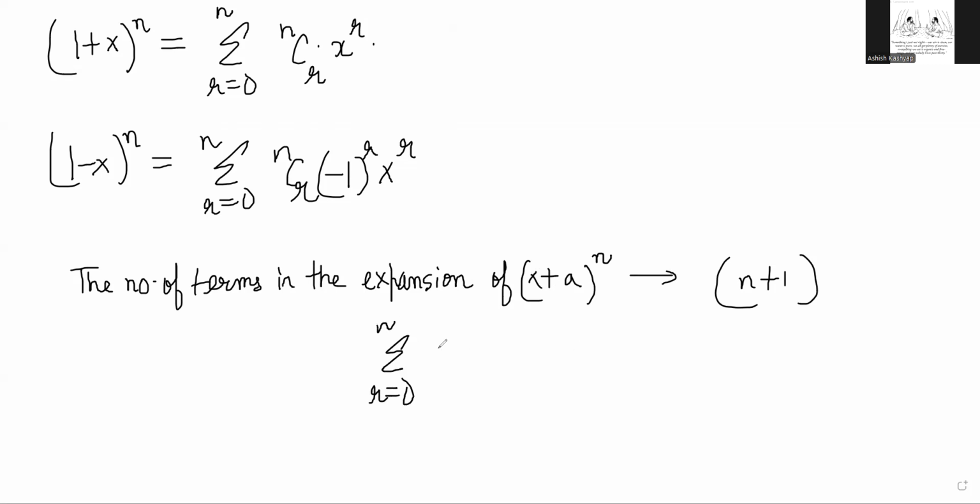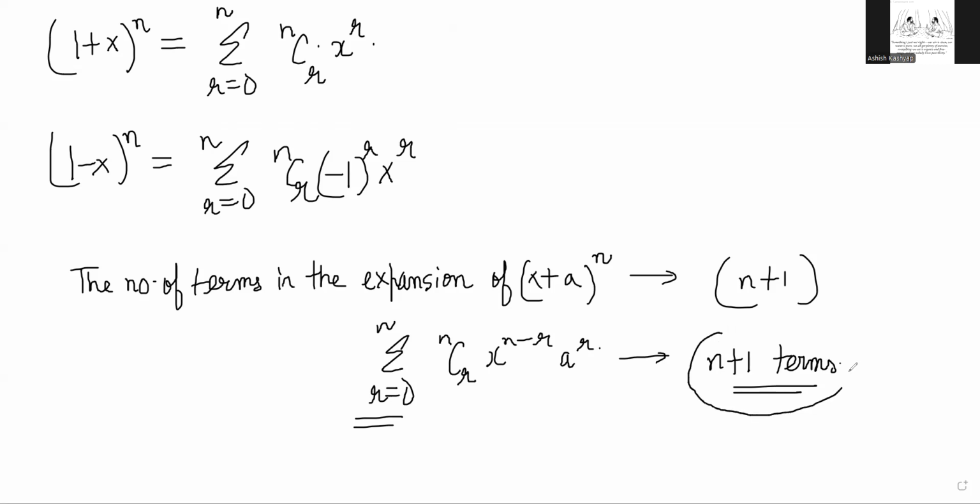So when you write this nCr x^(n-r) a^r, r is going from 0 to n, and so there should be n + 1 terms there, right? There is standard theory about which is the middle term and so on, but that is pretty obvious because it is n + 1 terms.